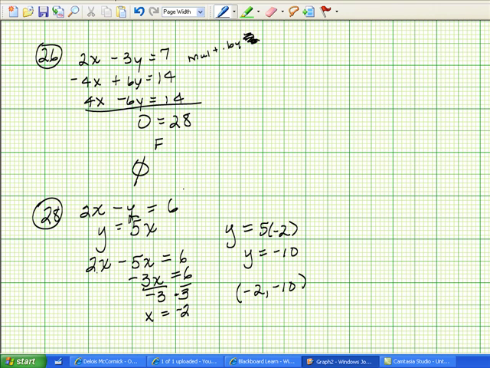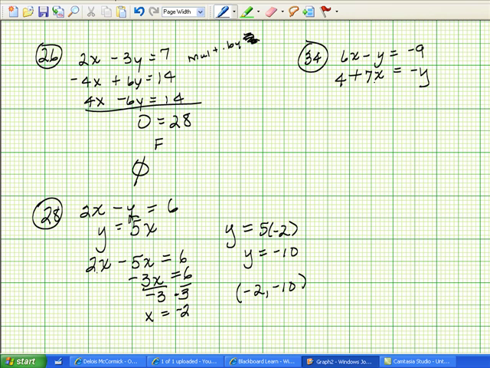Okay, in 34 we have 6x minus y equals negative 9, and 4 plus 7x equals negative y. Okay, the easiest one to isolate is the y in the second one, so I'm going to multiply everything by negative 1. Okay, so now I want to substitute this in place of y in the first equation.